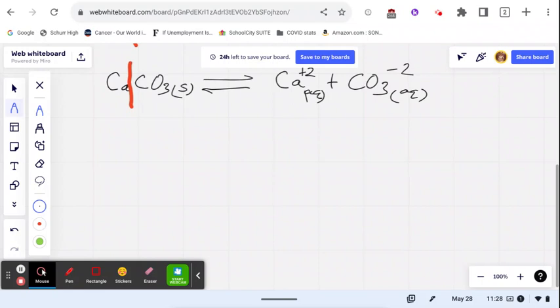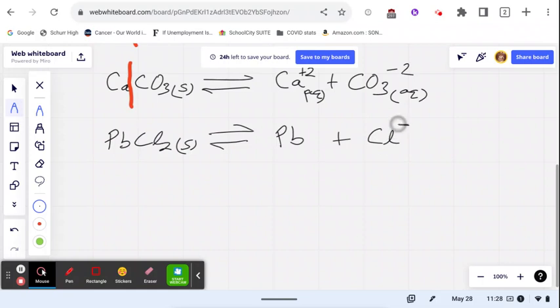Once again, we've done this before, so I'm just reminding you how to do this. Lead chloride, PbCl2. We've got a lead ion, and I won't put the charge on the lead ion because lead has more than one possible charge, so we have to figure out what the charge is. There's going to be a lead, and a chloride ion, not Cl2, just Cl, and each chloride is a -1.